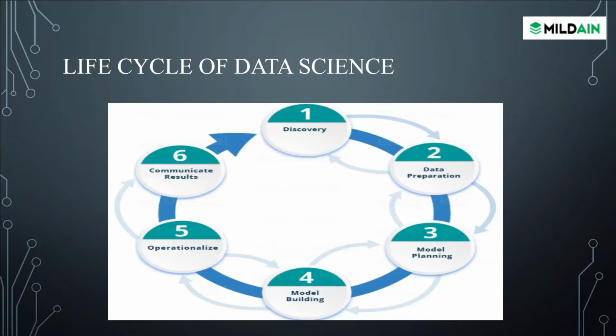Once the model has been chosen, this is the model I am supposed to use, then we try to build it. In model building, we divide the data into training and test data. Whatever model I have built, we check the accuracy to see whether it is correct or not. Then operationalize: we deploy that model on another set of data and compare the accuracy.